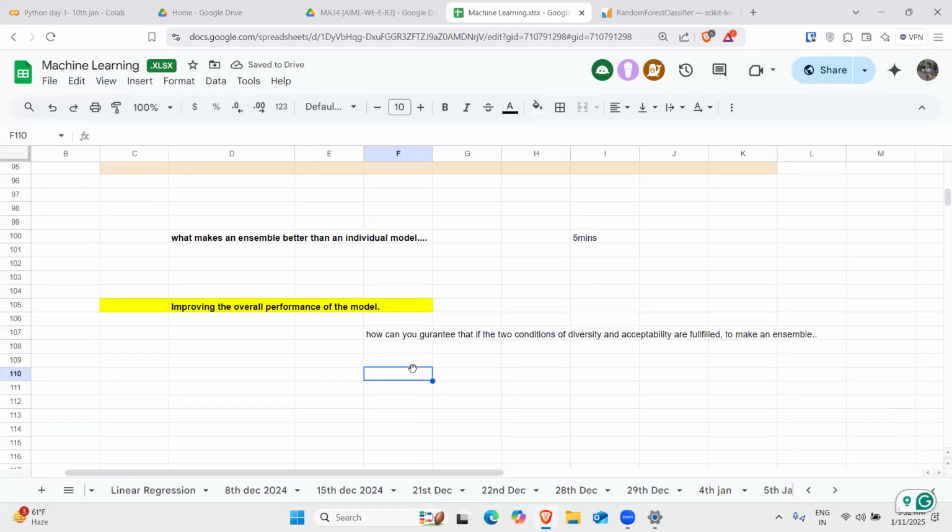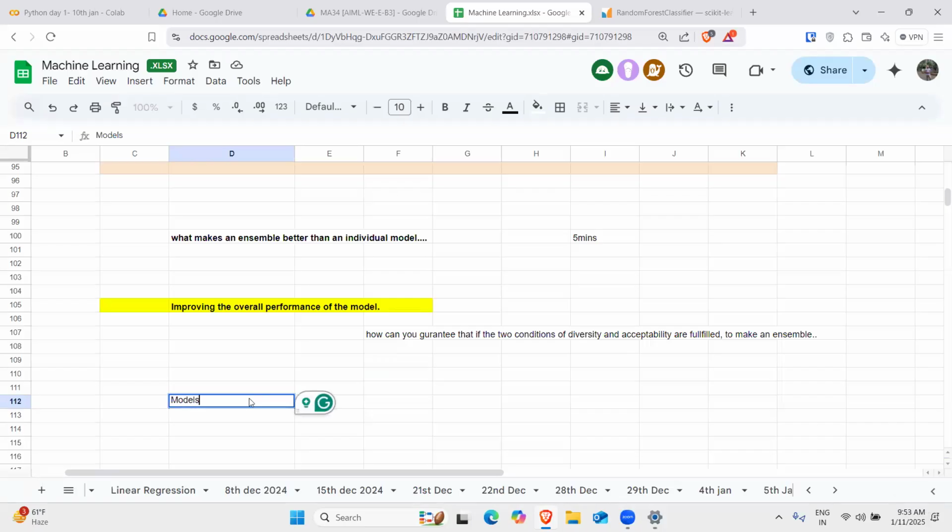So let's see this. Suppose you are creating a model. Let's say these are the models that you are using, M1, M2, M3, and these are the predictions: yes, no, yes.